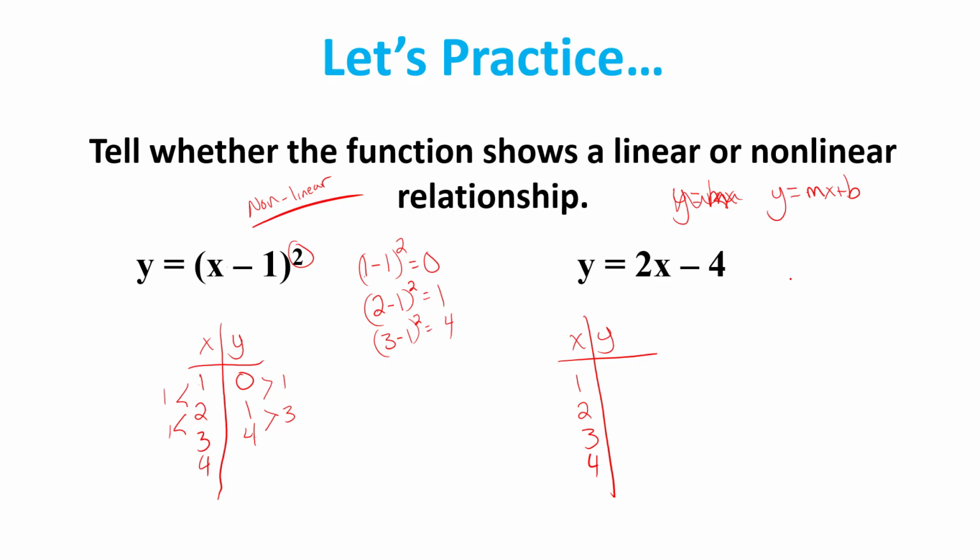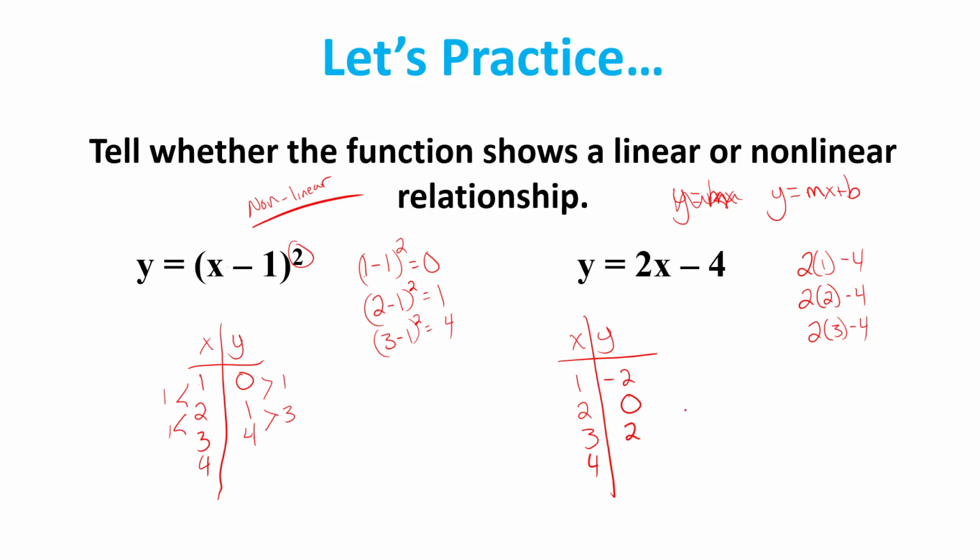So I'm going to start by plugging in a 1 for x. 2 times 1 minus 4. 2 minus 4 is negative 2. All right, I'm plugging a 2. 2 times 2 minus 4. Well, 2 times 2 is 4. Minus 4 is 0. 2 times 3 minus 4. 2 times 3 is 6.